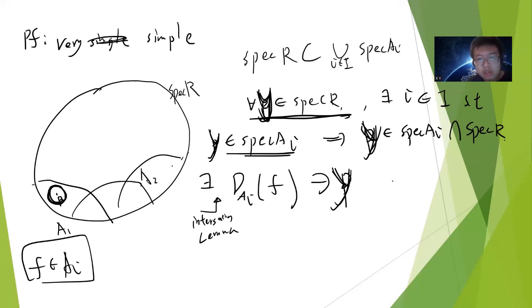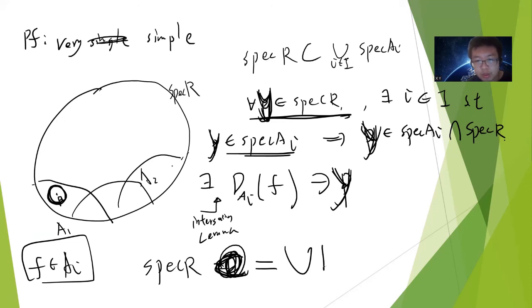Okay, so that means that your Spec R is covered by, it's a subset of, but you can see this distinguished open subset is actually also in R. So that means that your Spec R can be written as the union of these distinguished open subsets. Okay, so that's just using D(G_i).